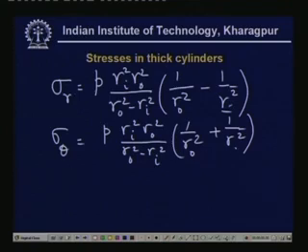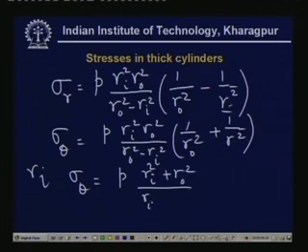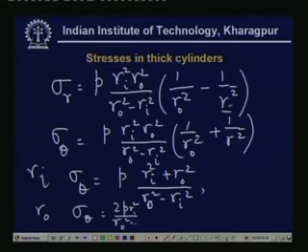And if you substitute R equal to Ri here, then at Ri sigma theta is equal to P times Ri square plus Ro square divided by Ro square minus Ri square, and at R equal to Ro, sigma theta will be equal to twice P Ri square divided by Ro square minus Ri square. So that is clear.